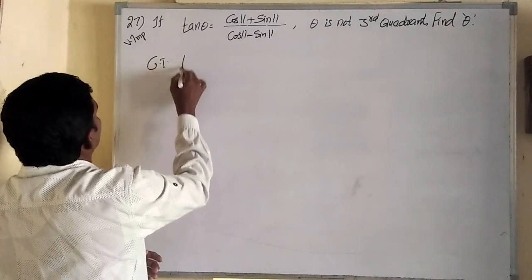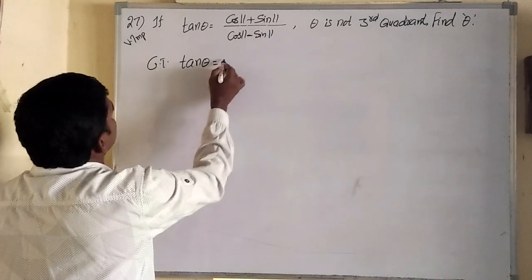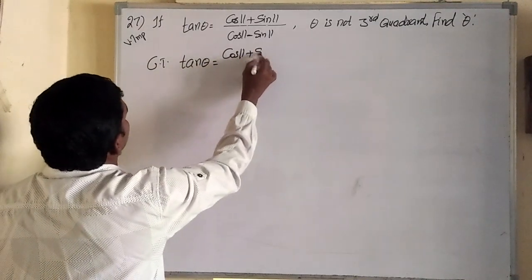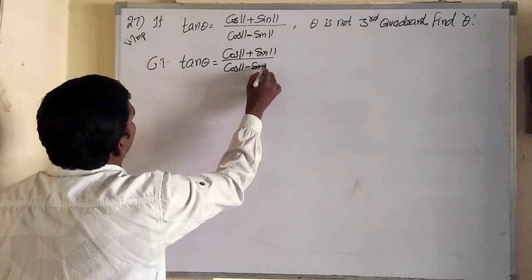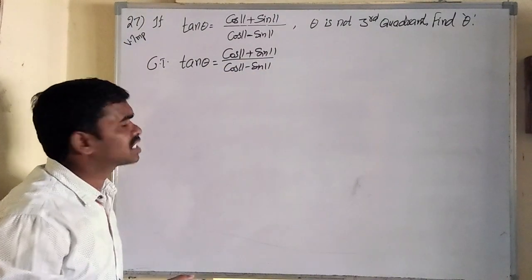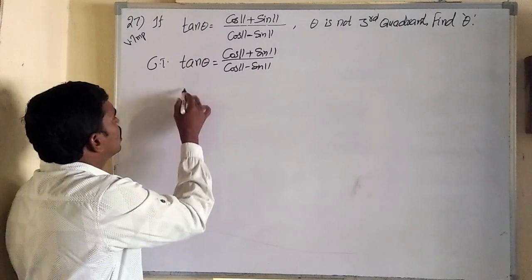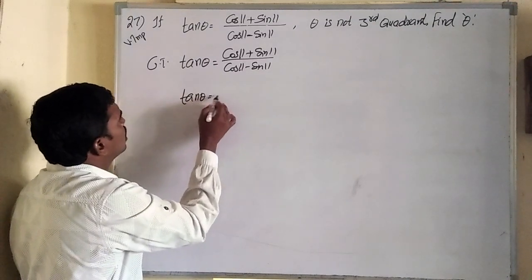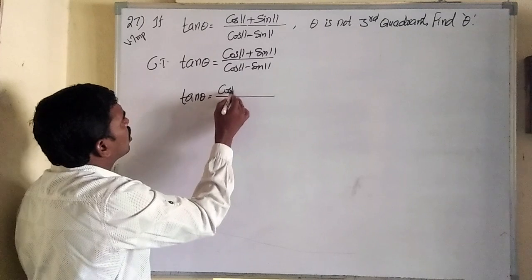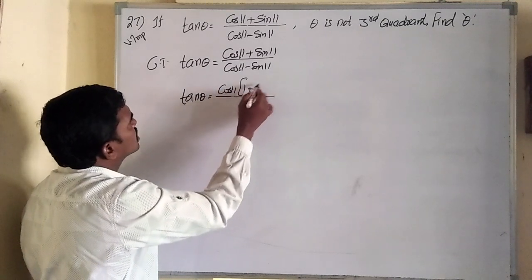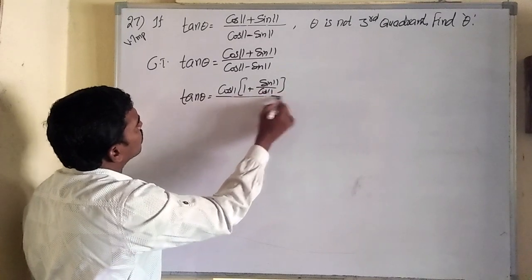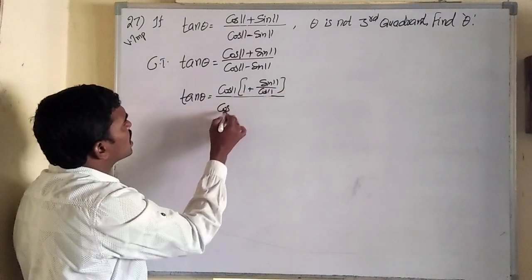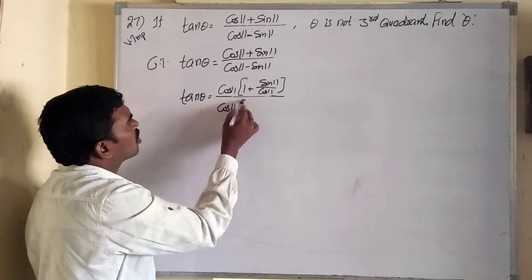Solution. First of all, given that tan theta is (cos 11 plus sin 11) by (cos 11 minus sin 11). I will give you one more question of the same type. Okay. Then tan theta means tan theta. Here take out cos 11 common. Then we can write 1 plus sin 11 by cos 11. And in the denominator also the same, take cos 11 common.